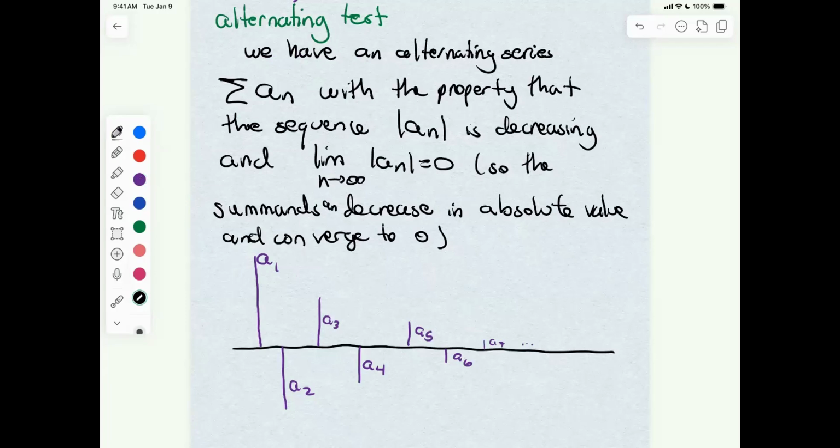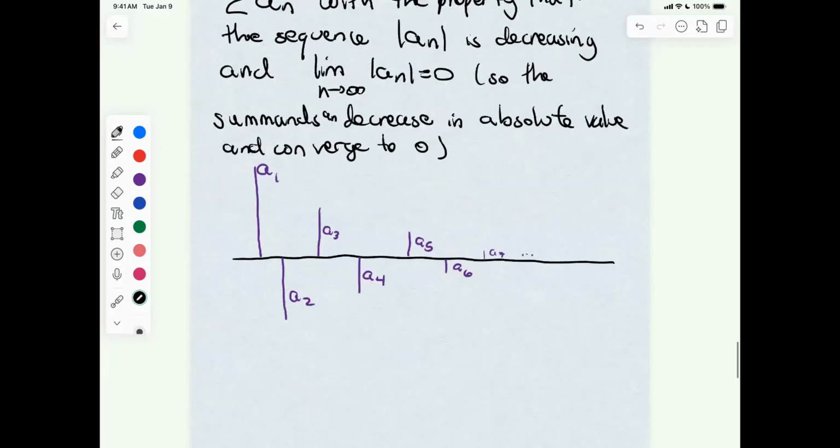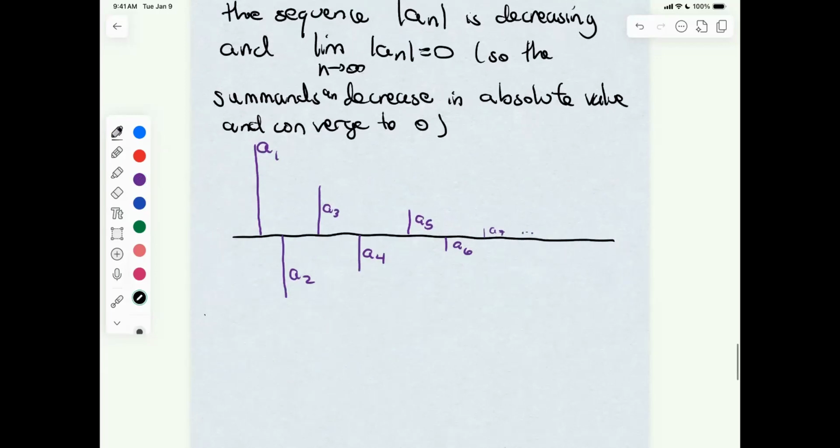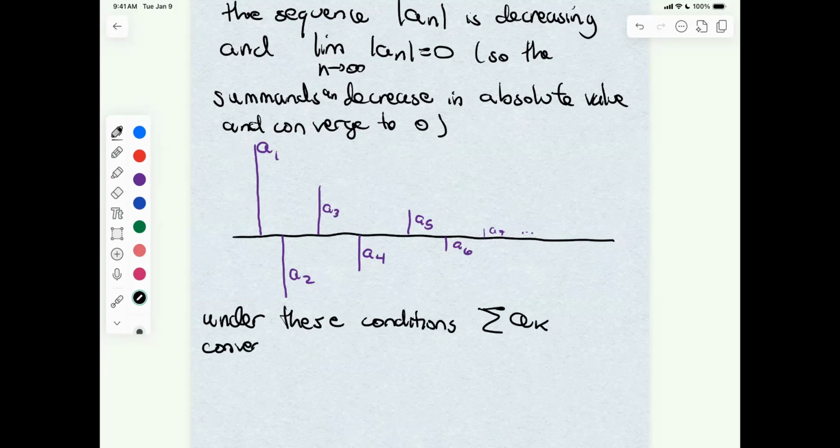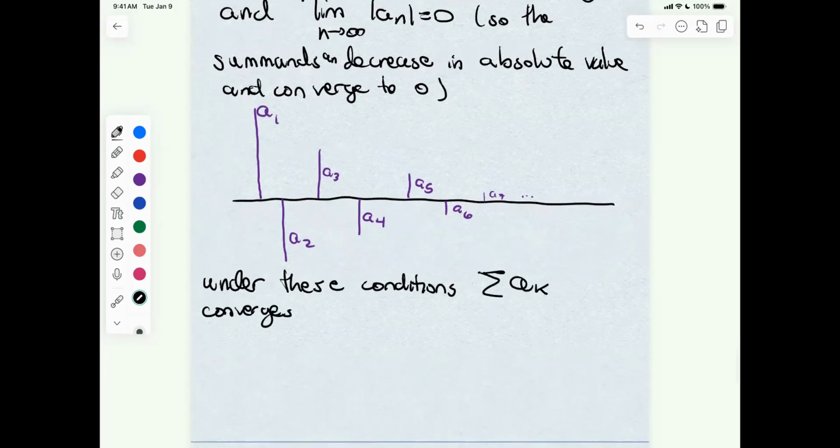You don't know whether with absolute value it converges or not. And the series with absolute values may or may not converge.